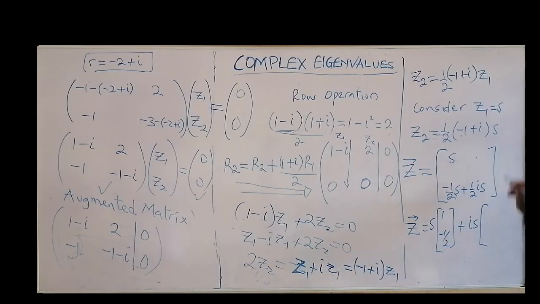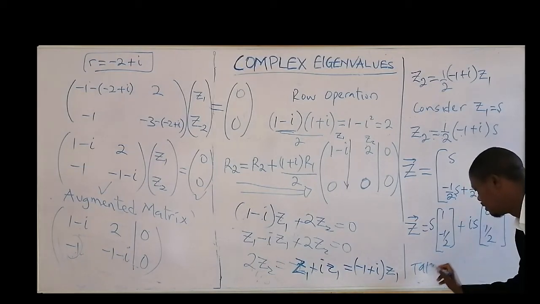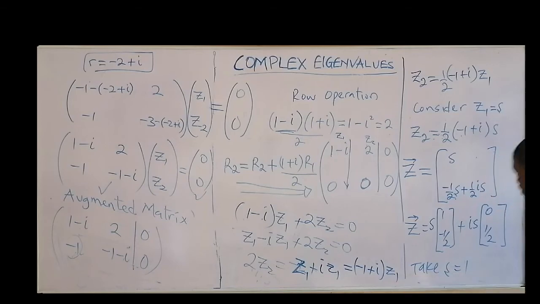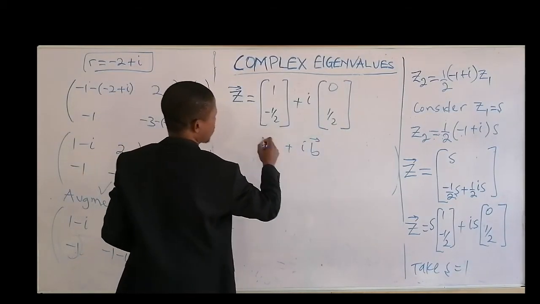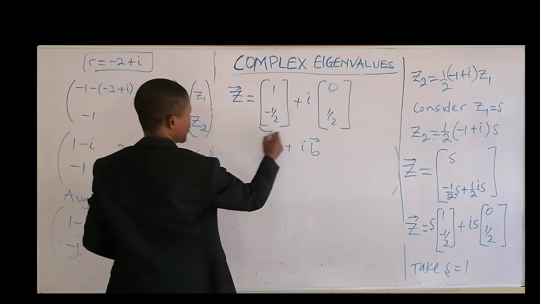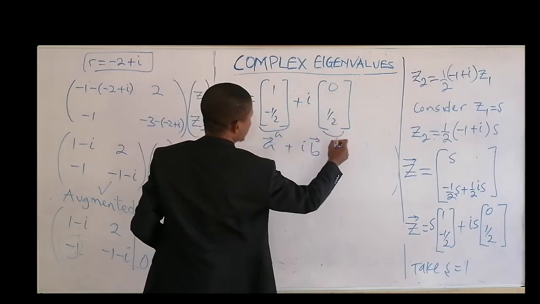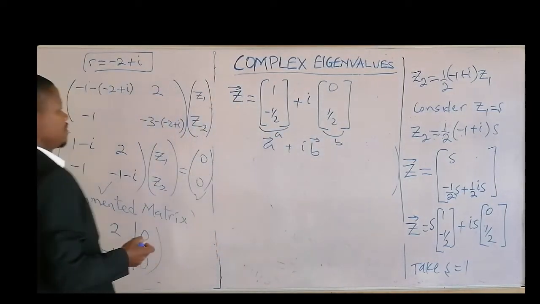There is no imaginary part here, so that's 0. And this one is half. So if you take your x as 1, conform to a plus i b. So this is our a, and this is our b.